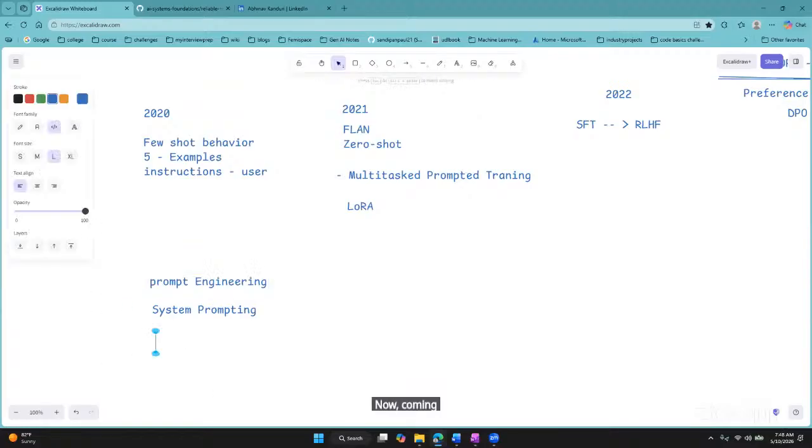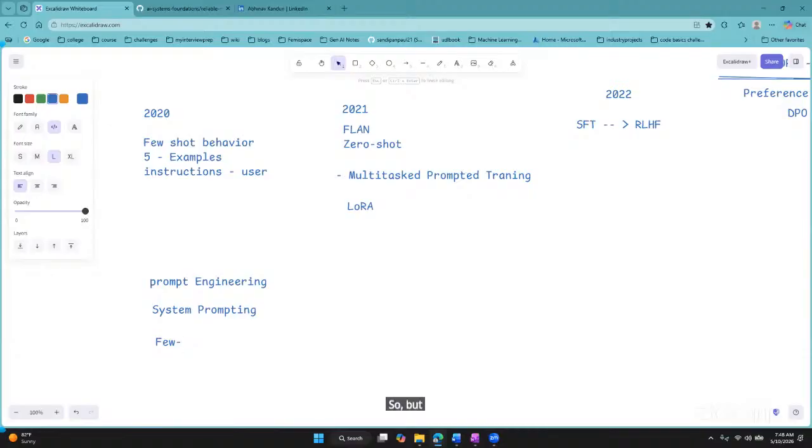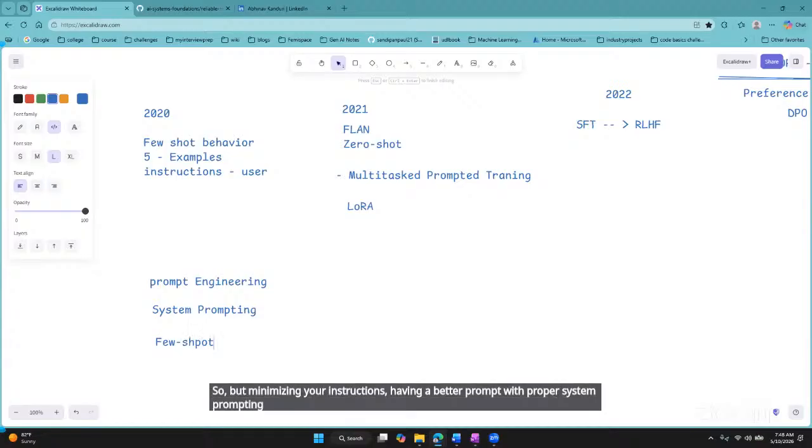Now, coming on to the third thing. Earlier we used to have a few short examples placed in our prompt, but now we are overloaded with the instructions itself. So minimize your instructions, have a better prompt with proper system prompting, and additionally provide your few short examples in your prompt.